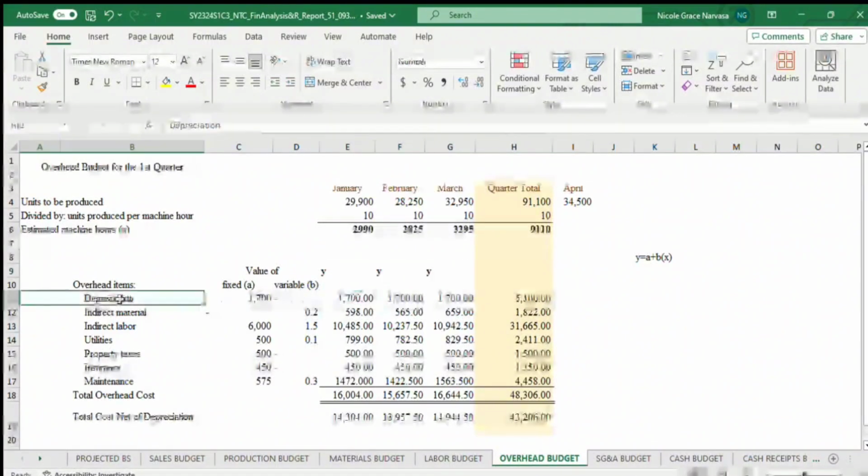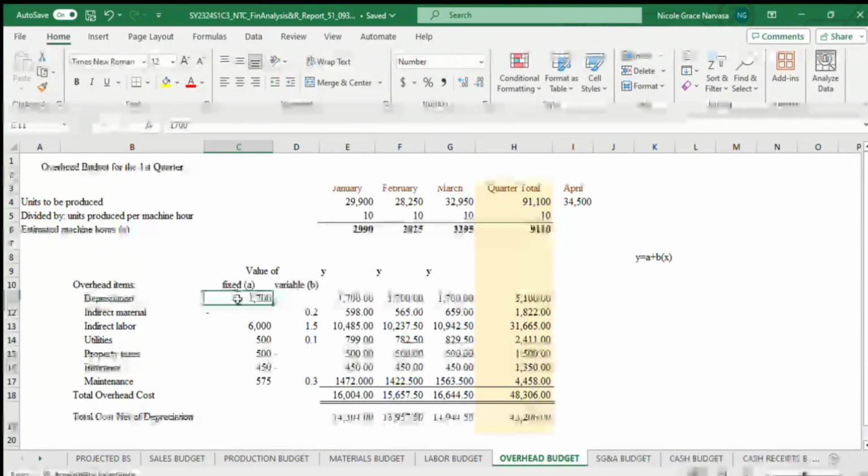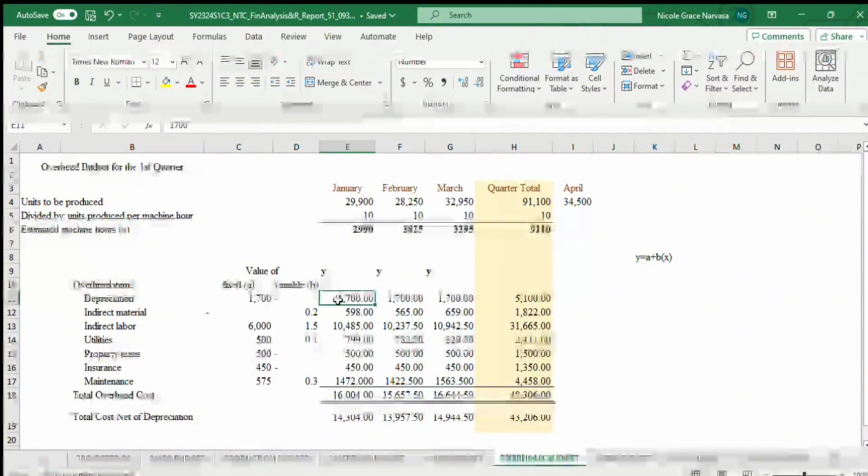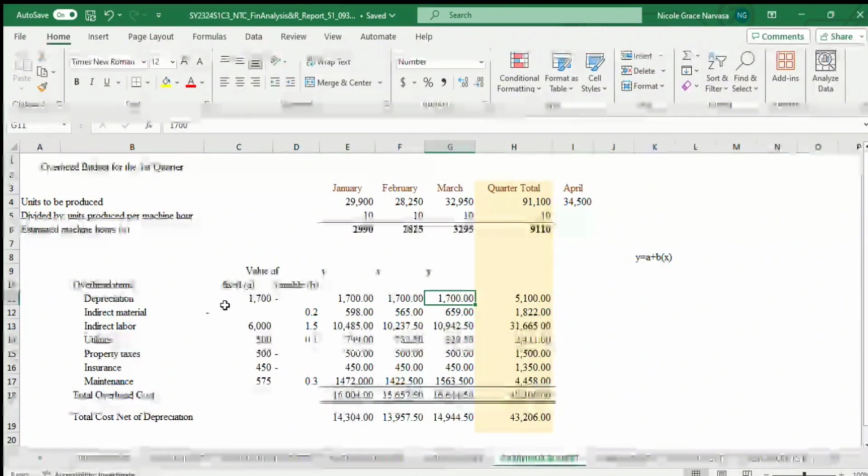For the depreciation, we have it just as a fixed cost. It's just fixed. We don't have it as a variable. So to get that, just put 1.7 on all of the months since it's just fixed. And next is indirect material, 0.2.